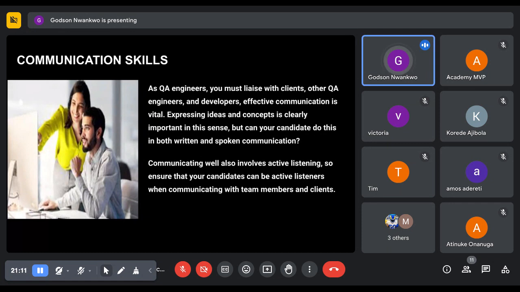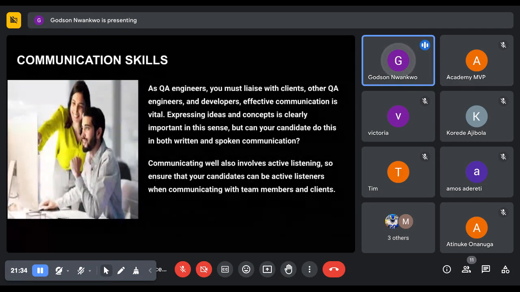If there's any issue in the development of the application or anywhere, it is your responsibility to escalate it to the appropriate parties involved, and for it to be handled and resolved on time also.